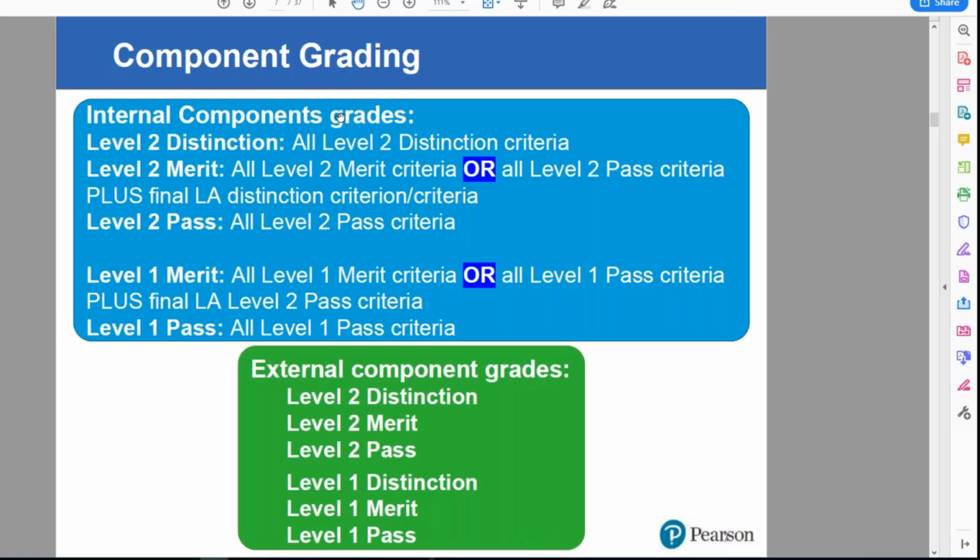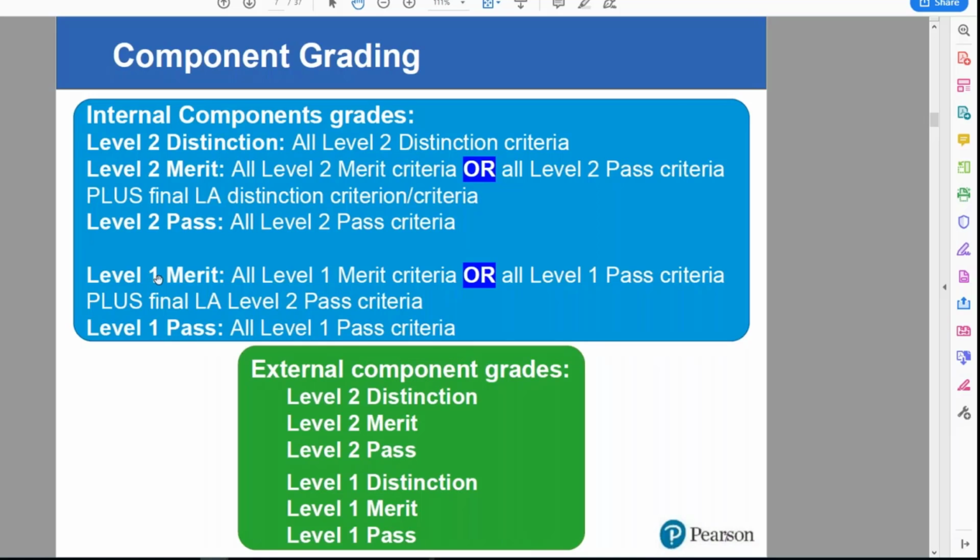The internal components, which are component 1 and 2, have a slightly different set of grades to the external component. You can see that the external component here has 3 level 2 and 3 level 1 grade boundaries. So there are 6 distinct places and 7, I suppose, including below 1 pass.